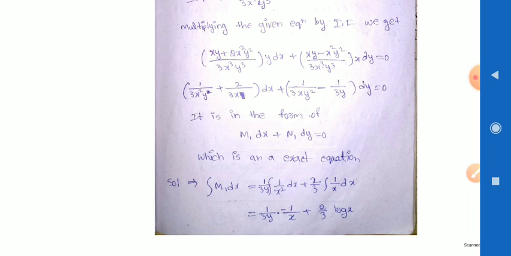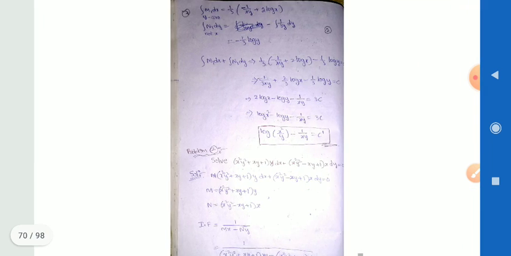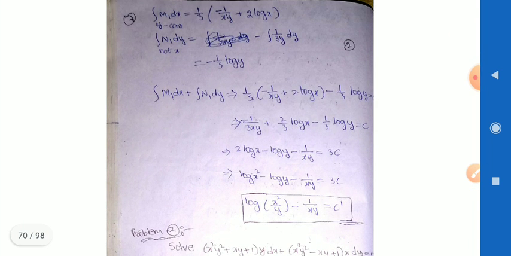Then 1 by 3y into integration of 1 by x square gives minus 1 by x, plus 2 by 3 into integration of 1 by x gives log x. Here the integration of m1 dx is 1 by 3y into minus 1 by x plus 2 by 3 into log x.